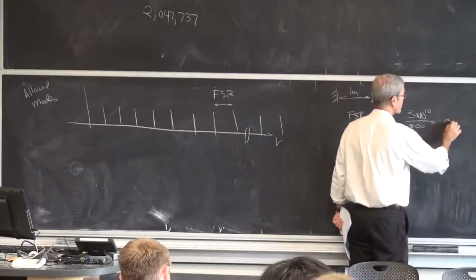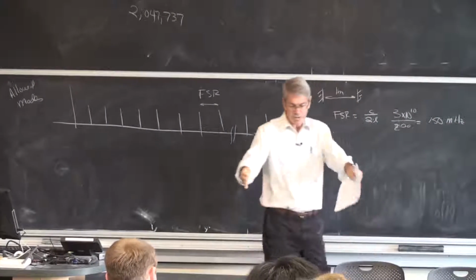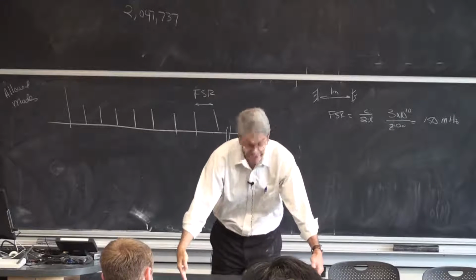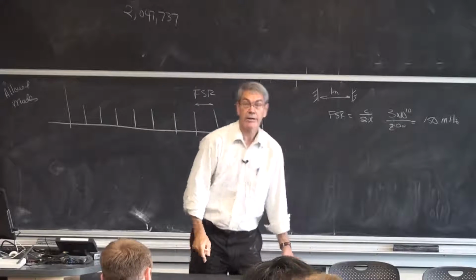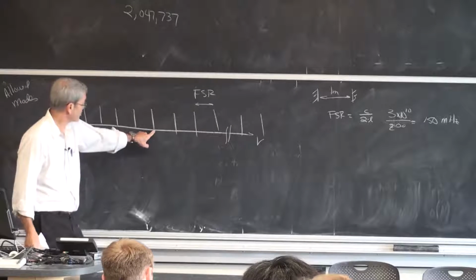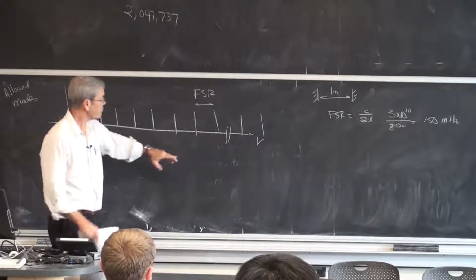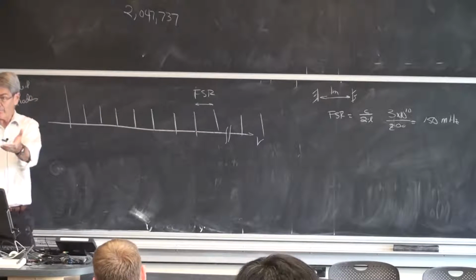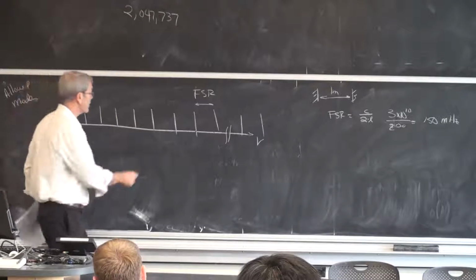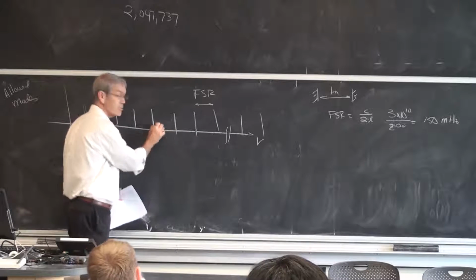So it's going to be 150 megahertz. So I've got this pair of mirrors separated by a meter. It's going to have lots of resonances, but they're going to be discrete, sharp resonances every 150 megahertz. So when I put my YAG or whatever in there, it's going to have to lase on this one, or maybe both, but it's not going to lase in between.